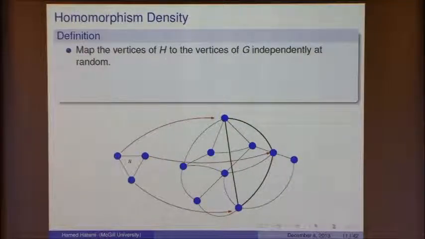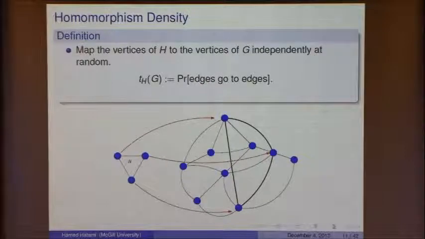The homomorphism density of a graph H in a big graph G is the probability that a random map is edge preserving. I map the vertices of this small graph H uniformly and independently at random to vertices of G, and I'm interested in the probability that all the edges are mapped to edges. These red arrows here correspond to a valid homomorphism, where all the edges are mapped to edges.